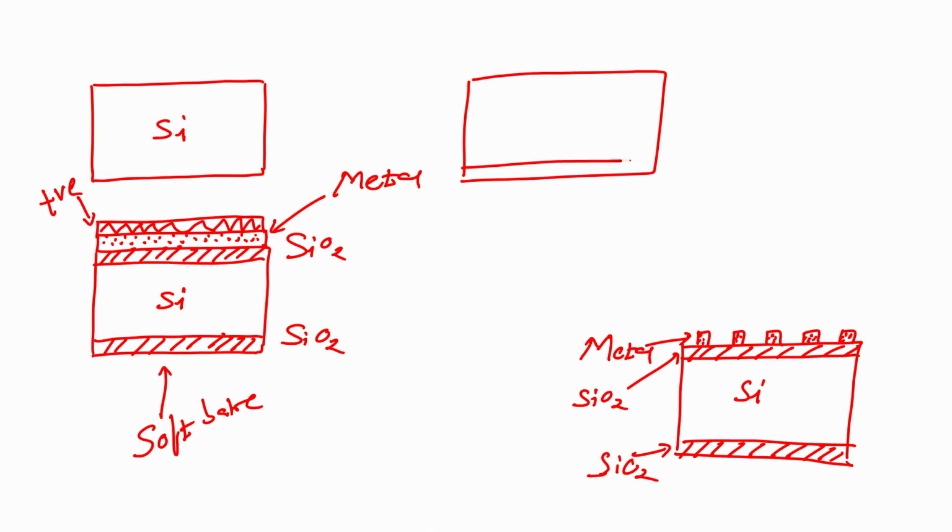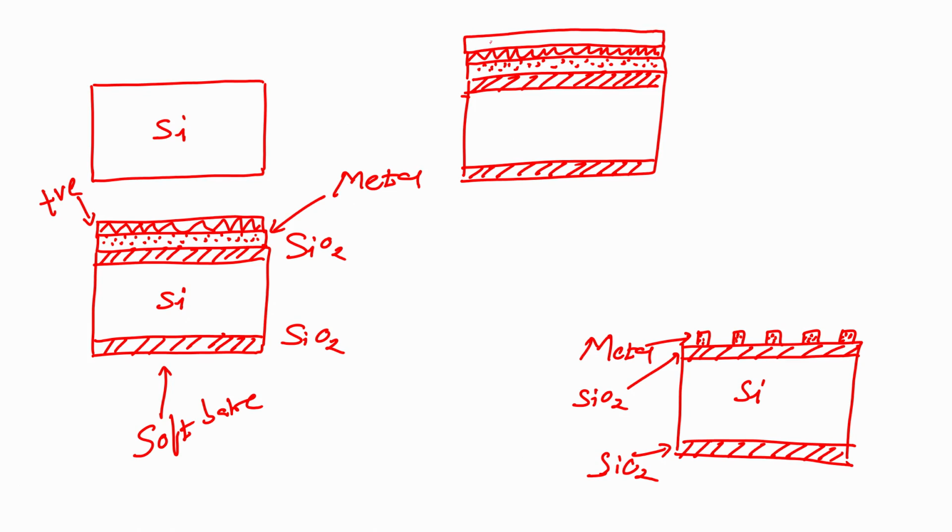You have the wafer, silicon dioxide on the back side, silicon dioxide on the front side, and then you have your metal, and over that you have your photoresist. Over that you are now loading a mask, and this mask is a bright field mask.